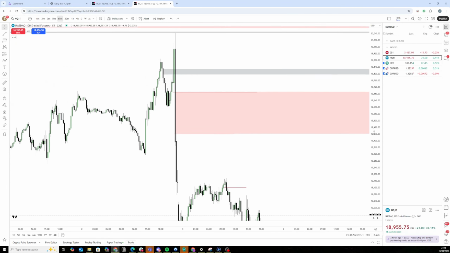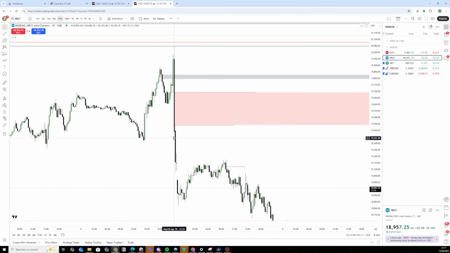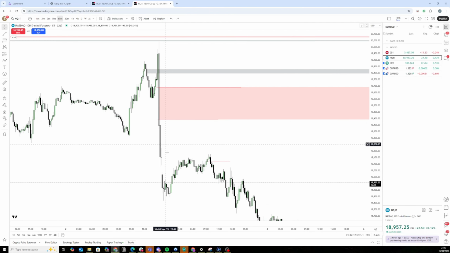That's a fair value gap. It's a void, an imbalance, an inefficiency in the market where the buyers or the sellers were a lot stronger than the other side. In this case, the sellers were a lot stronger than the buyers, which left this inefficiency, quote unquote a fair value gap, in the market here. Does that make sense?